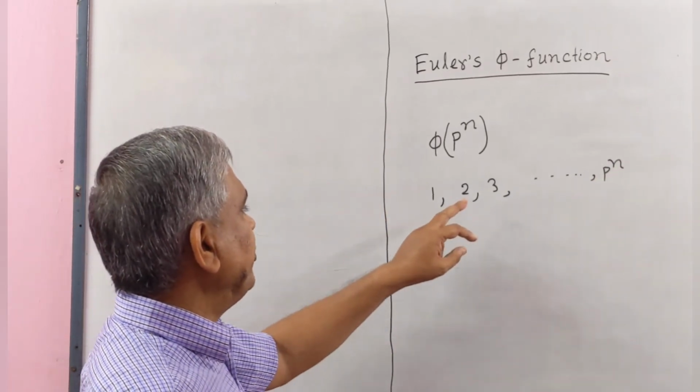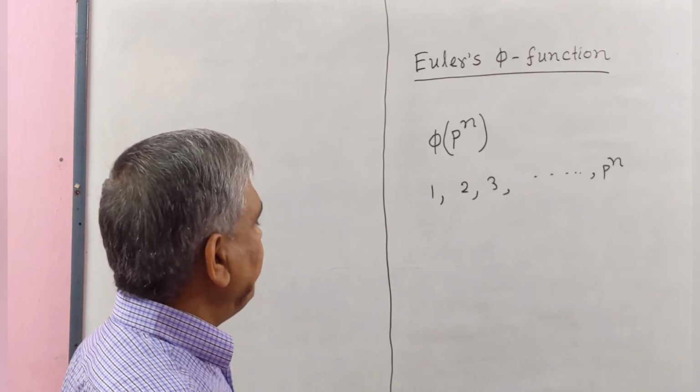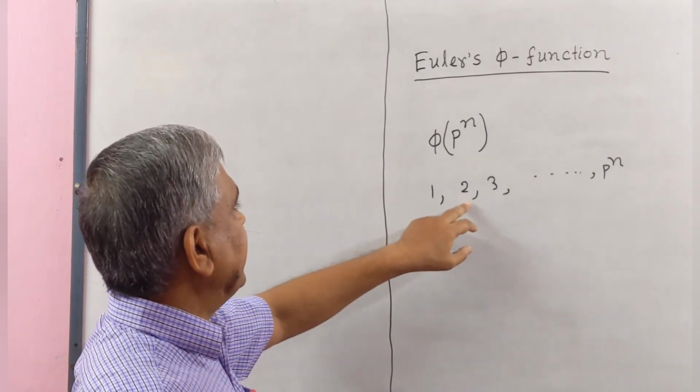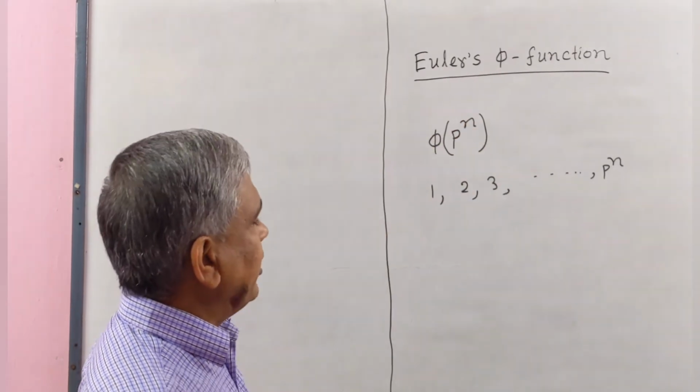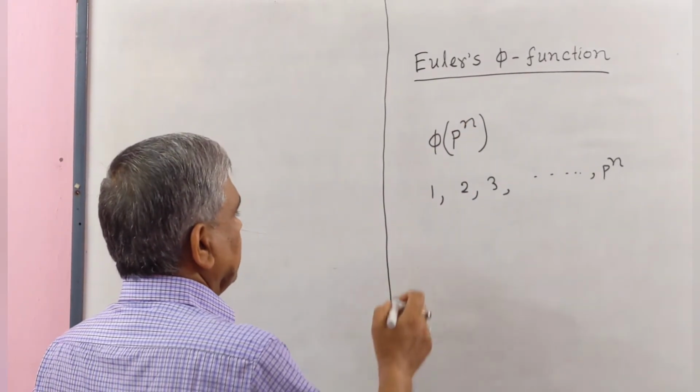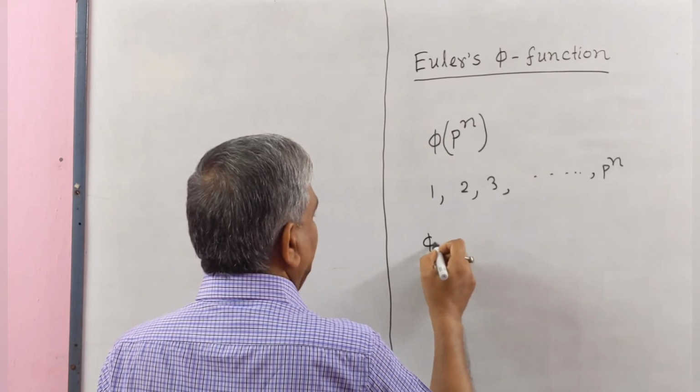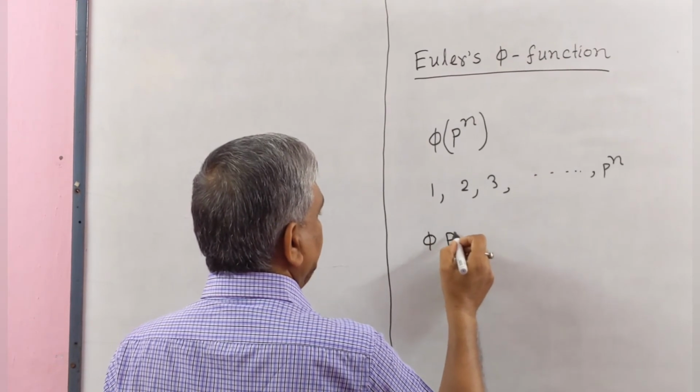Now we have to find the numbers which are prime to p to the power n, and we find phi p to the power n.